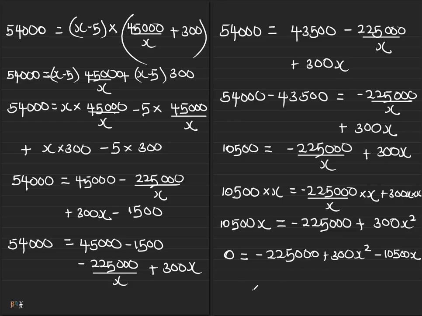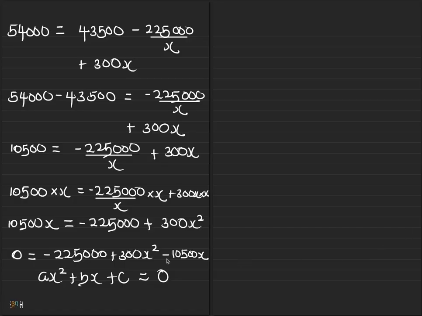And for quadratic, we know it is written as ax squared plus bx plus c is equal to 0. So we are going to model this that way, so that we have a 300x squared minus a 10,500x and then minus a 225,000 is equal to 0.